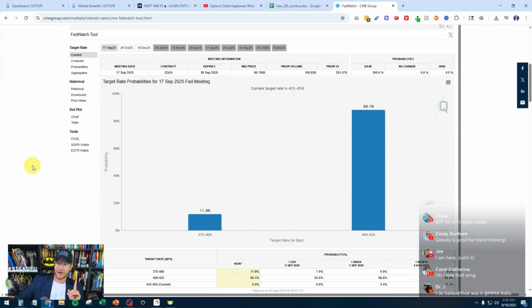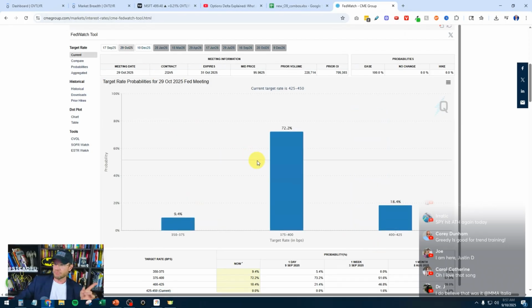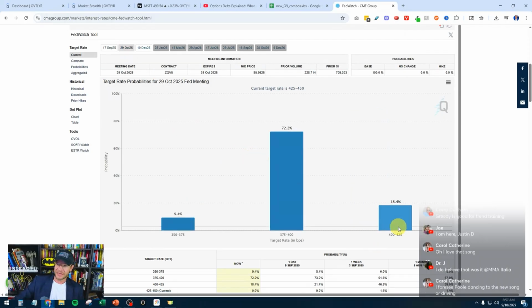Watching the Fed. The Fed is meeting September 17th. There's an 88% probability of at least a 25 basis point cut, and an 11% probability of at least a 50 basis point cut. There's a 100% probability of a rate cut by next week. By next month, we're saying at least 25.